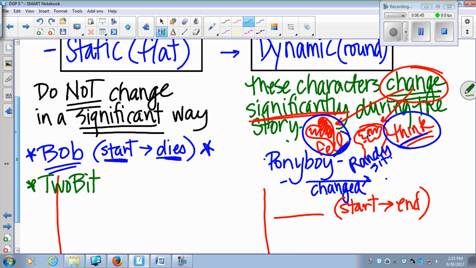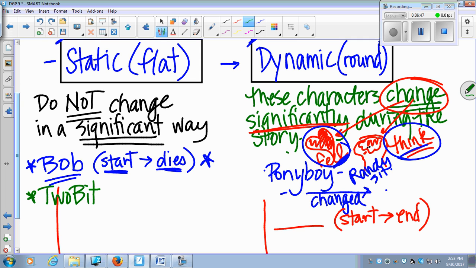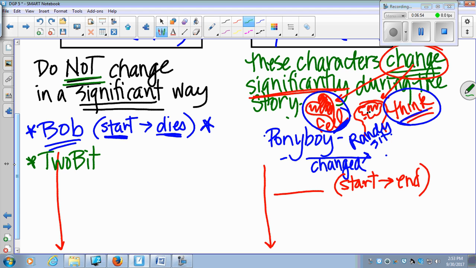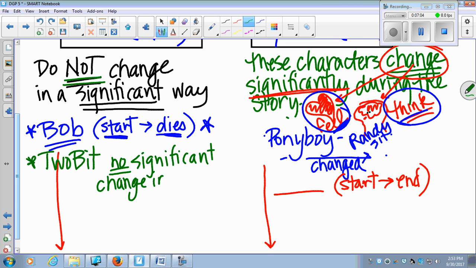He is a static character or a flat character because he does not significantly change the way he thinks or feels in the novel. So no significant change in thoughts or feelings in the novel.